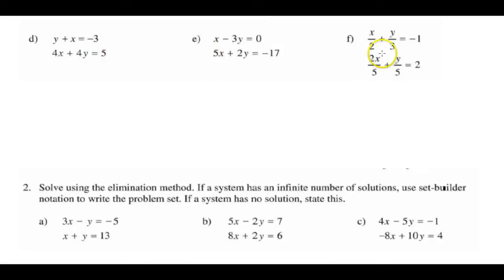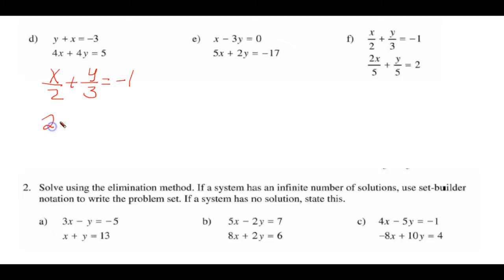Now, letter F, I'd like to do that with you together. So again, wherever there's room over on the left side, we're going to write these out. x over 2 plus y over 3 equals a -1. And write it on the edge of the page this way.